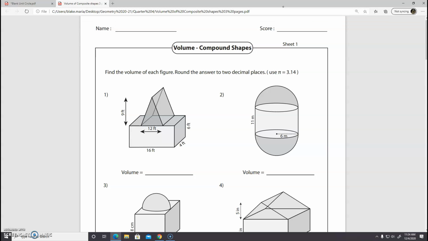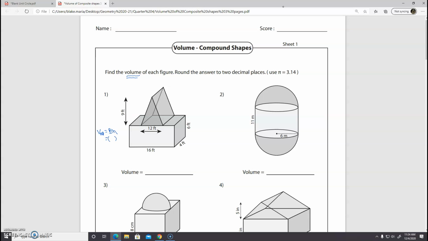So all you do when you're finding volume or even surface area, but we're going to focus on volume today, is you do them separately and then add them up. So let's look at the bottom. Your volume for the rectangular prism, remember your formula is big B times H, right?